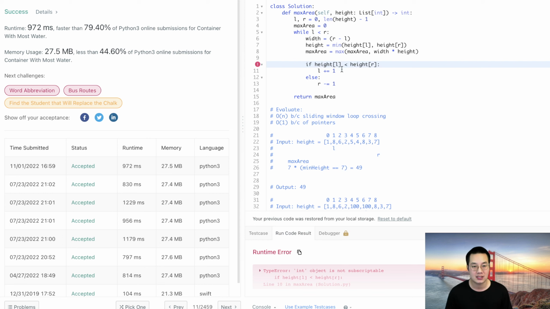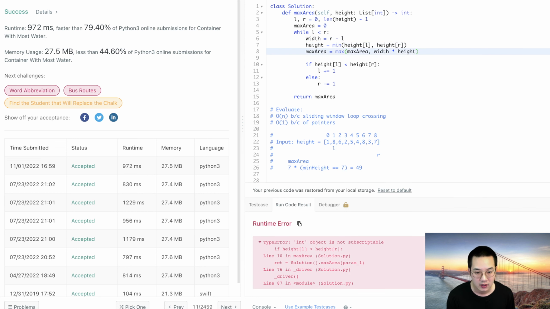For some reason, this is not working. Let's check out why. Is there some bad code somewhere? Int object is not subscriptable.